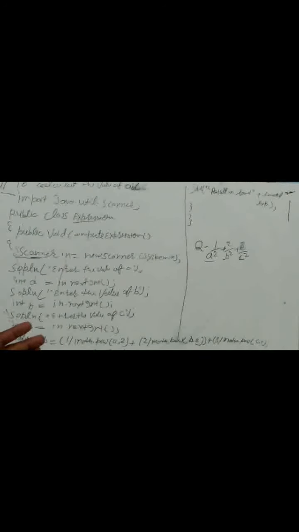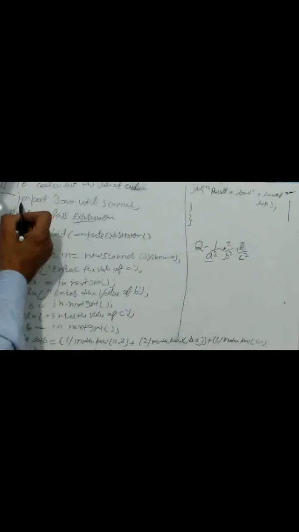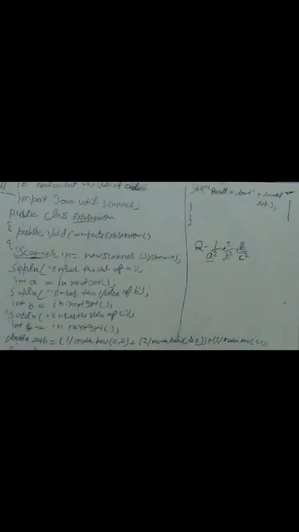Now, students, we will calculate the value with the help of the program. First of all, we will write the comments in the program, as you know very well. After that, we will import the file: import java.util.Scanner; with a semicolon.